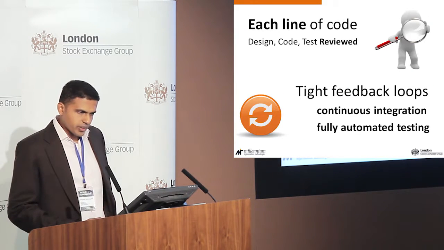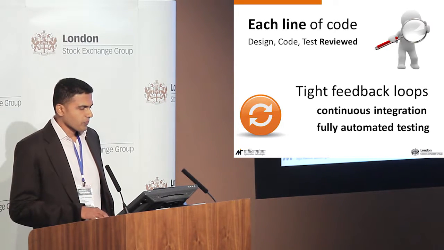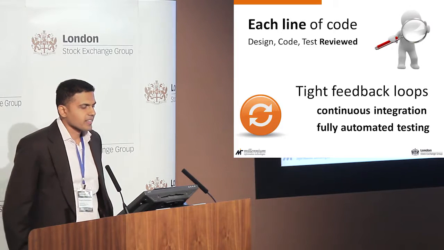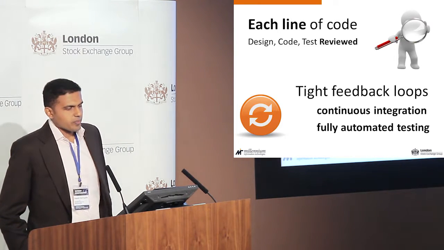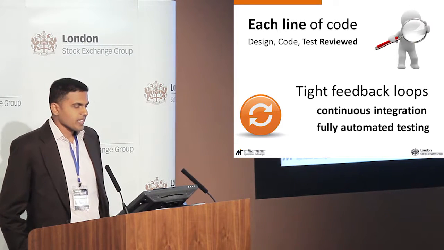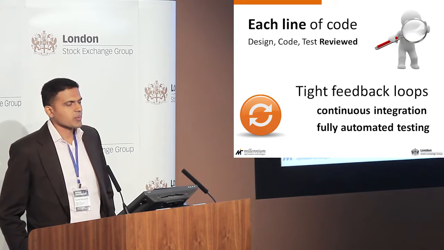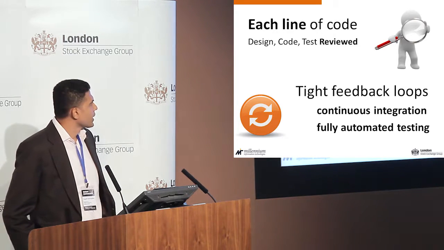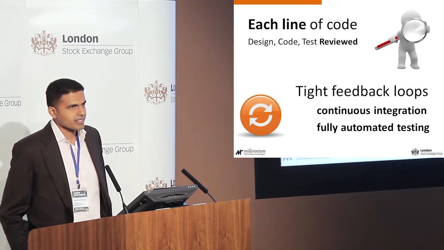So I'll try to touch in a bit of detail on the code review and the design review processes. One principle we put in place for CCP and risk is to make sure each line of code that we deliver runs through a design review, a code review, and a test review.